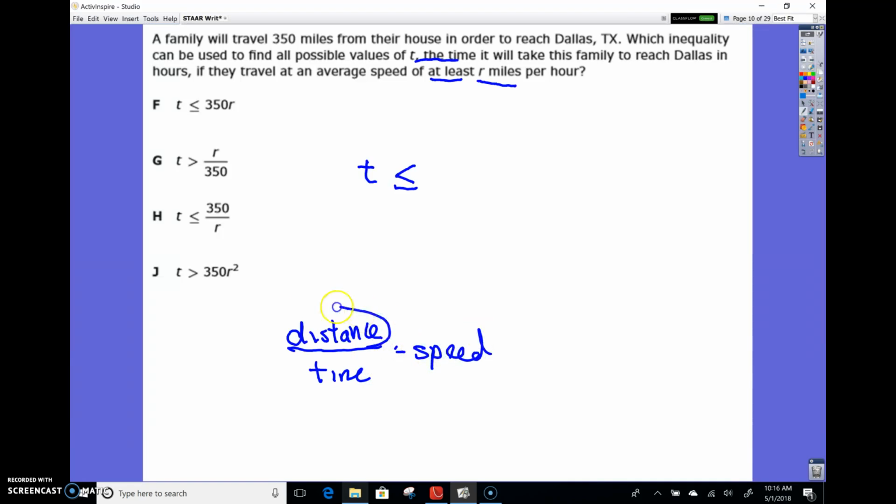So if I want distance, I have to multiply speed and time together, so d is equal to s times t. But here they have everything as time, so I have to divide by s. So time is equal to the distance, which is 350, divided by the speed, which is r.